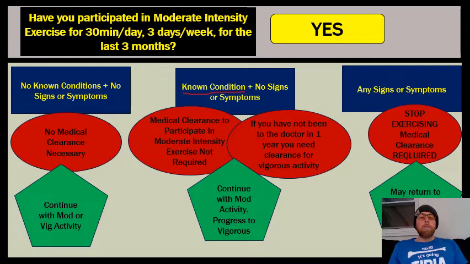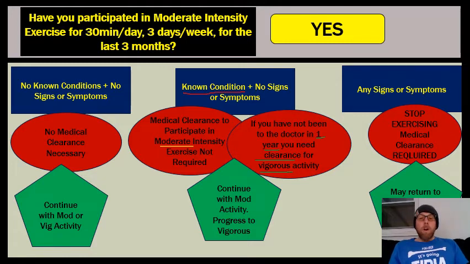So if they wanted to do moderate intensity exercise, medical clearance isn't necessary. They're good to go. If they want to do vigorous intensity activity, right? If that is what they want to do, and they haven't been to the doctor in 1 year, they need to go. Okay?